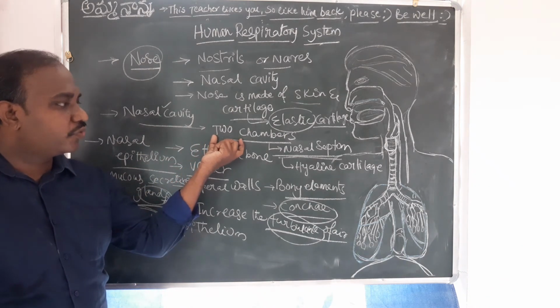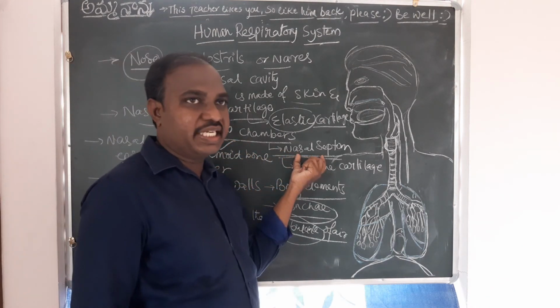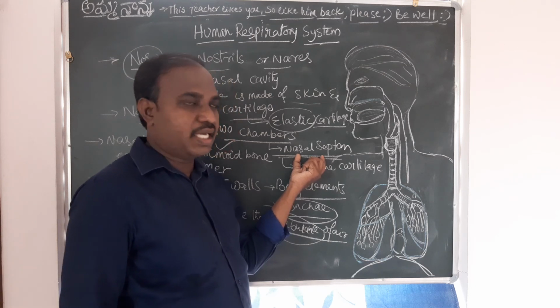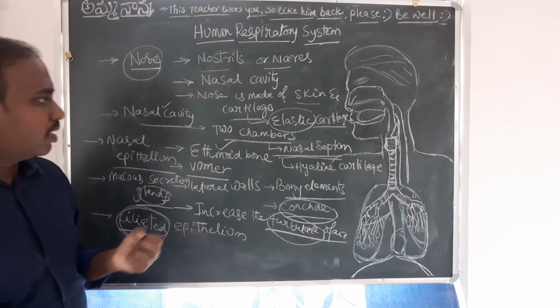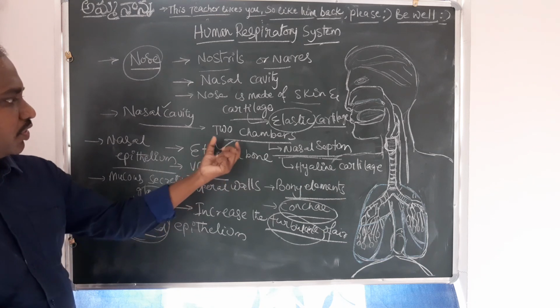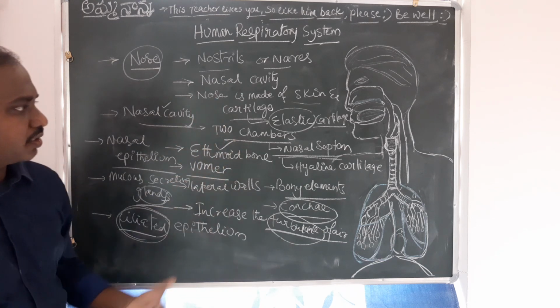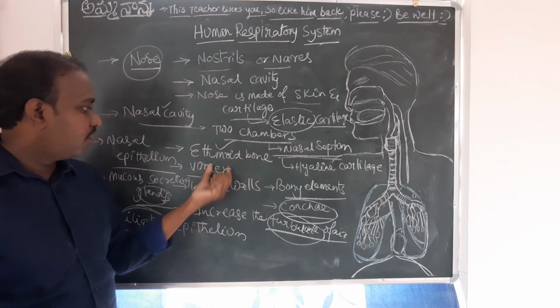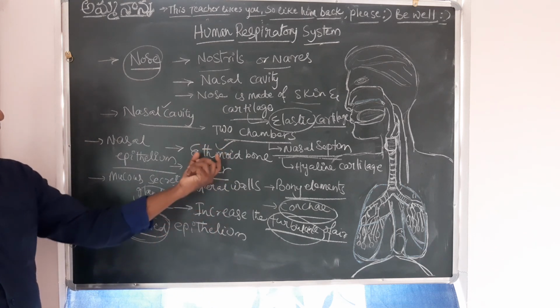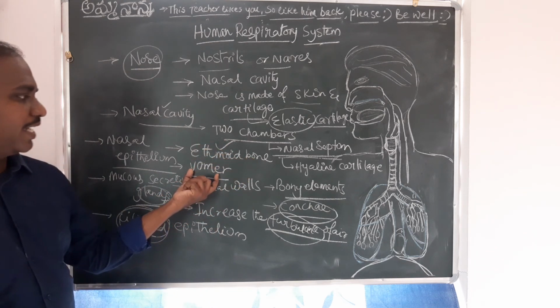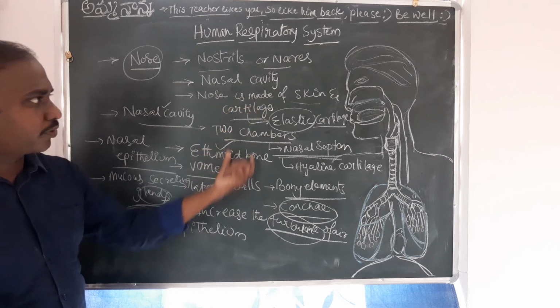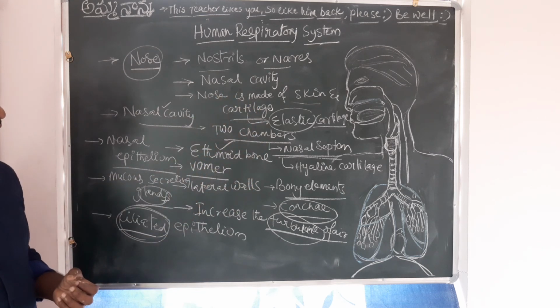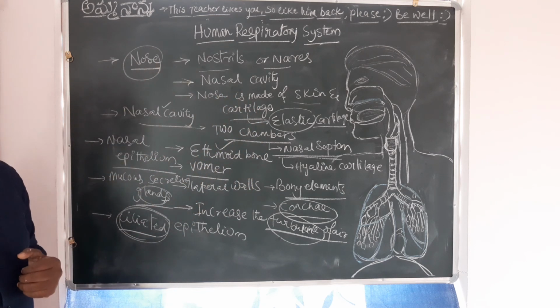And we have seen the nasal cavity, so it is divided into two chambers with the help of the nasal septum, right? Right behind this nasal septum, we have bony skeletal elements in the form of the ethmoid bone as well as the vomer to support the nasal cavity and the nose.